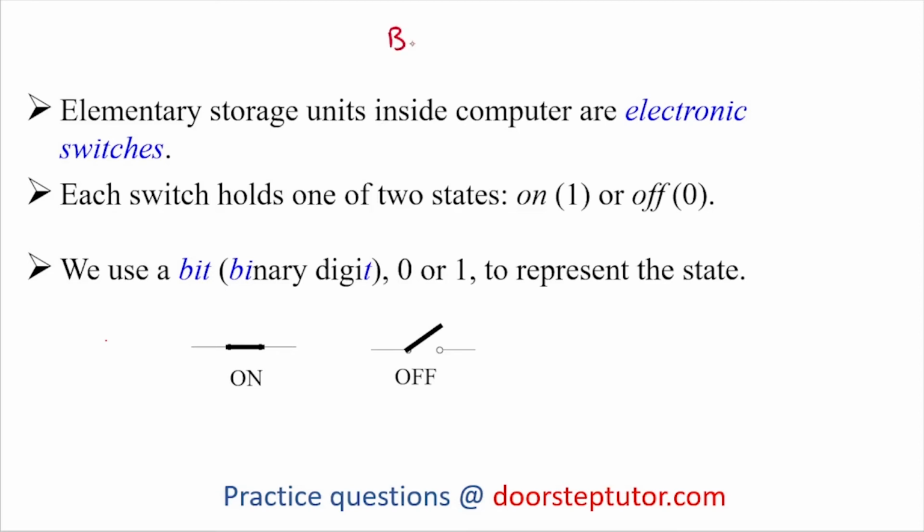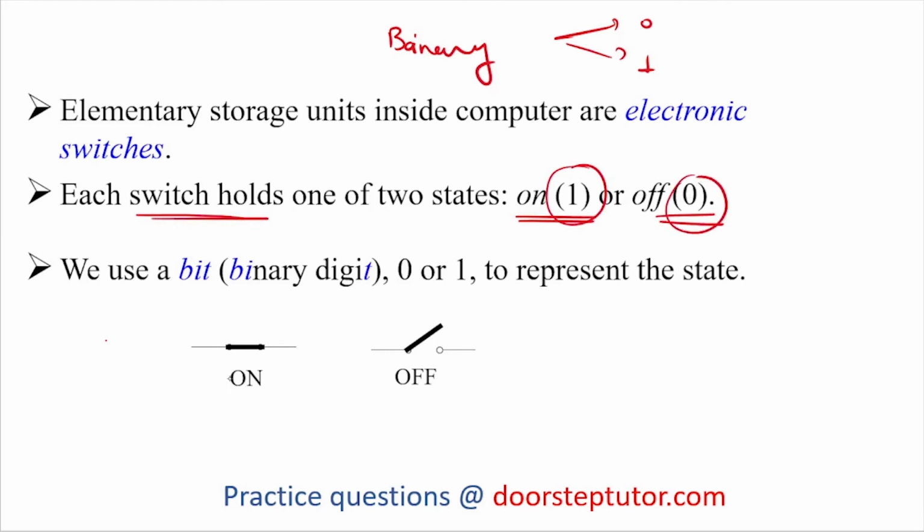Let us now see how a binary number system works. In a binary number system, we use two symbols, that is 0 and 1. These can represent two different states. Switches generally hold two states, that is on state and off state. On state can be represented by bit 1 and off state by 0.